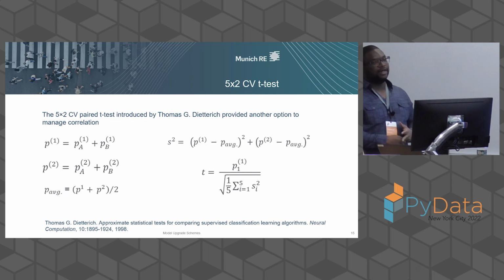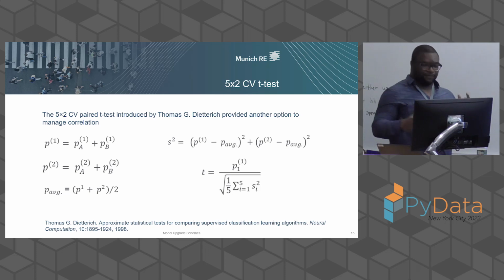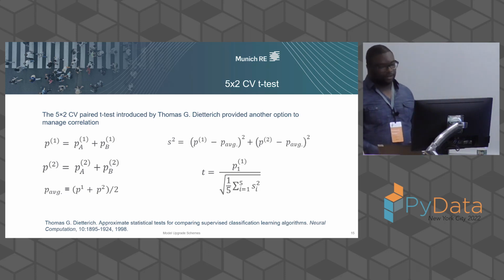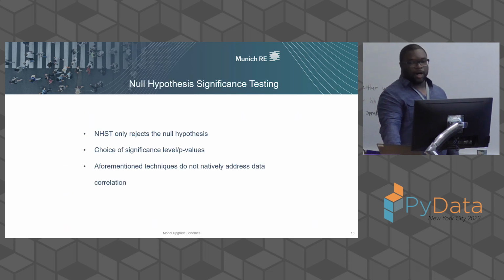And in the analysis, they were able to show that the statistic shown there now follows a Student's t distribution with 5 degrees of freedom, and once that is established, you can again go ahead and make a decision based on statistical tests.